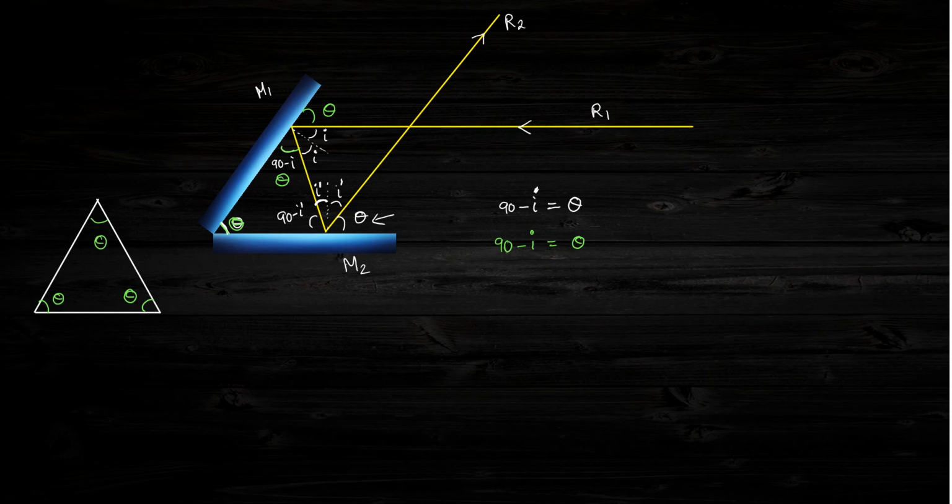So this triangle happens to be an equilateral triangle. Therefore, we get 90 minus I is equal to 60 degree, which is one of the angles of the equilateral triangle. That means I is equal to 30 degree and theta is equal to 60 degree. So we were tasked to find out theta, and thus we have found out theta.